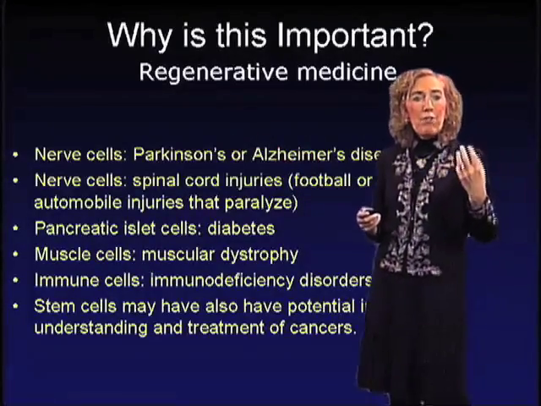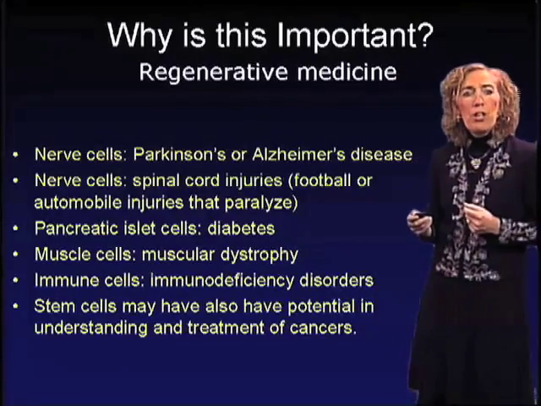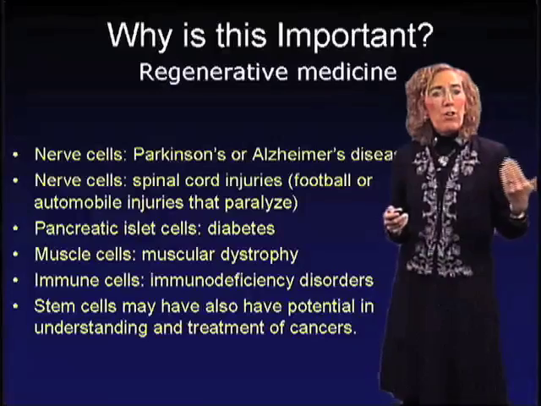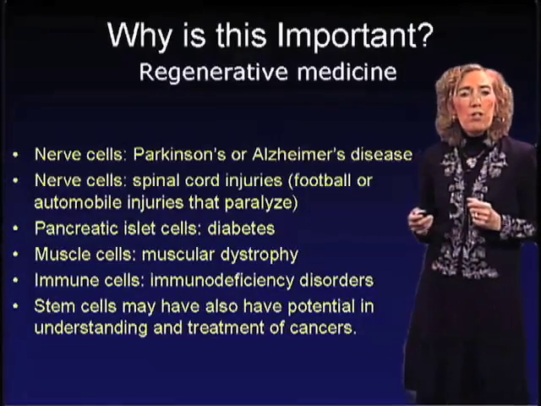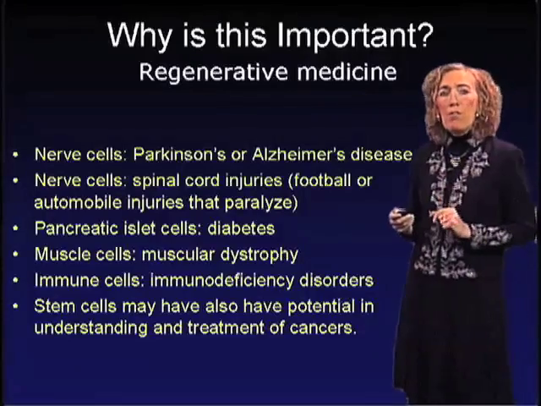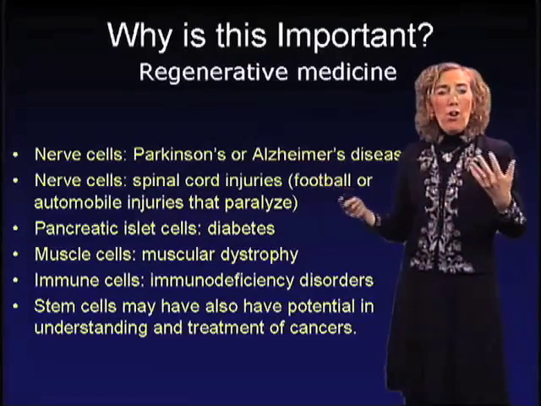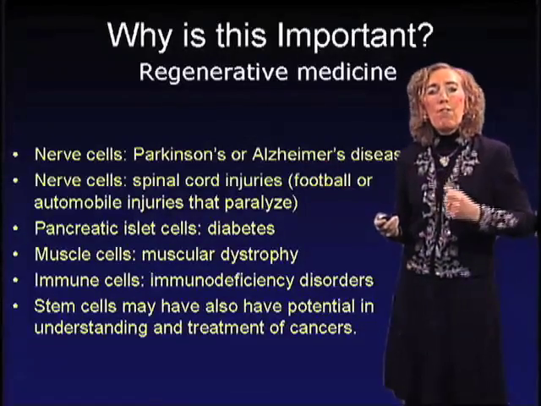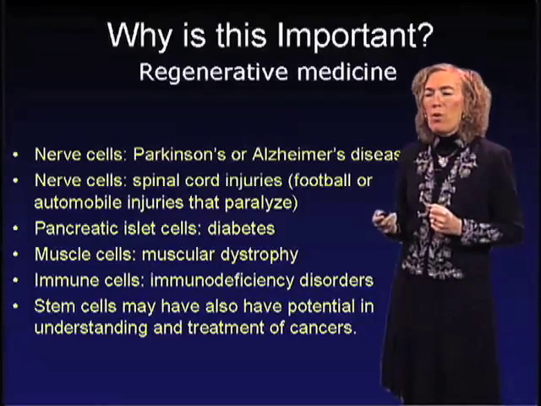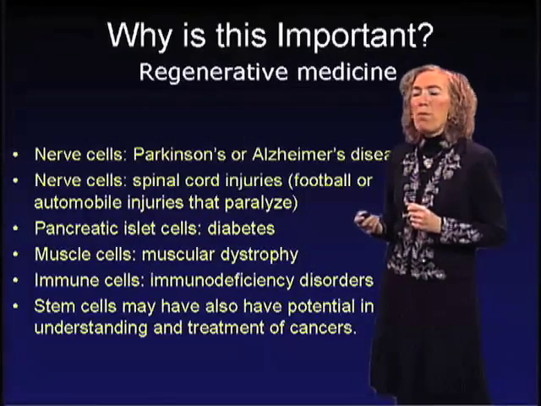And nerve cells, if we're able to generate them in culture, could be used to generate or treat Parkinson's disease or Alzheimer's disease, different types of neurodegenerative diseases.